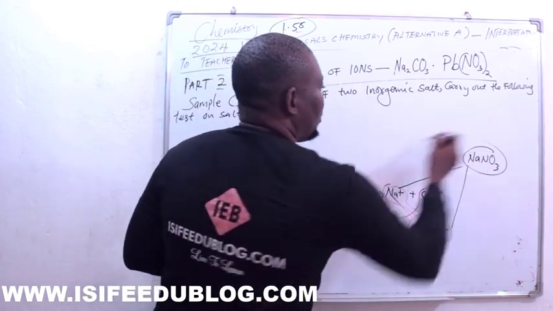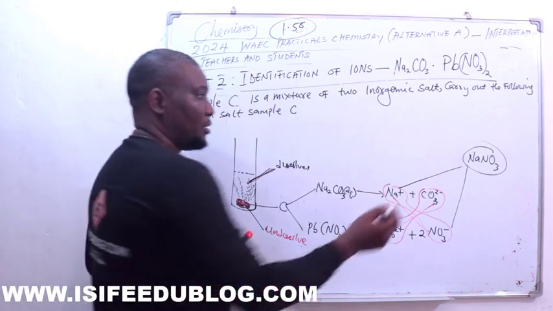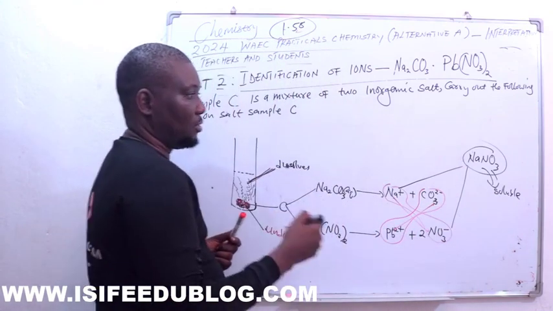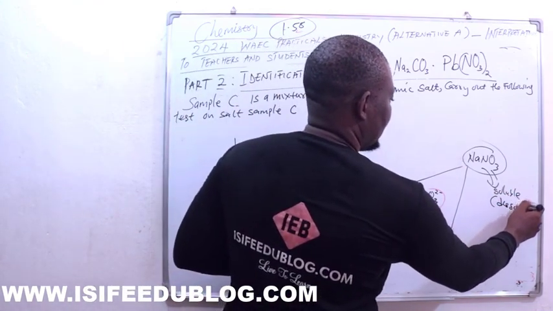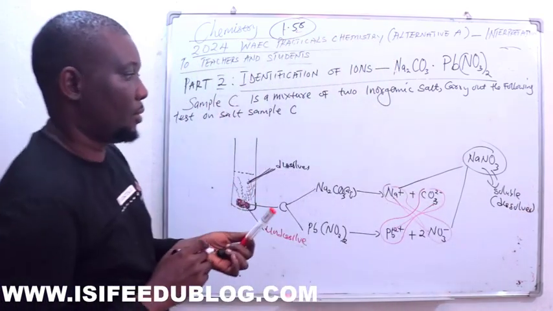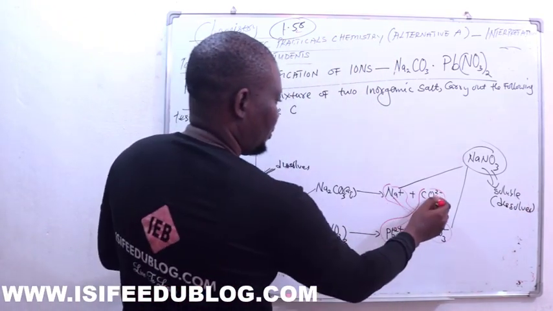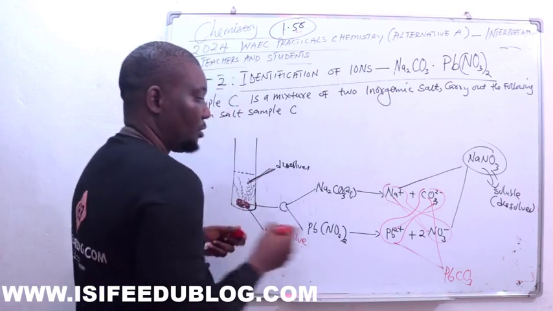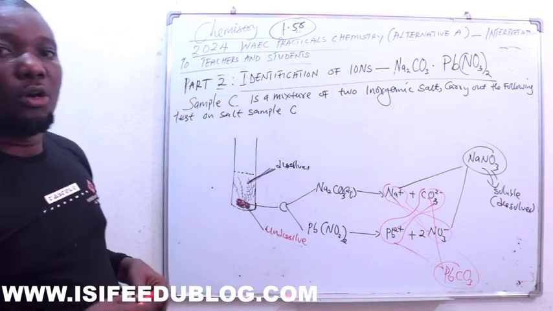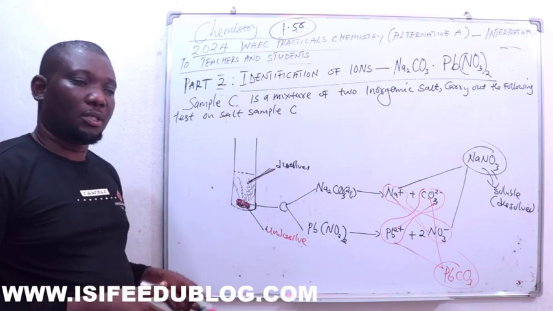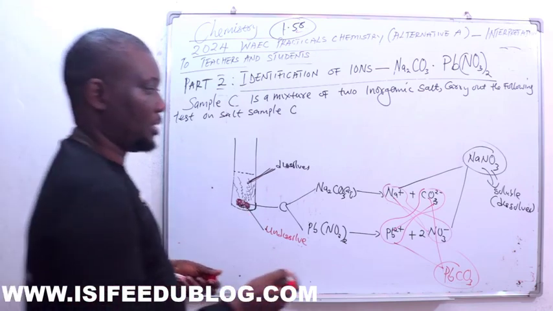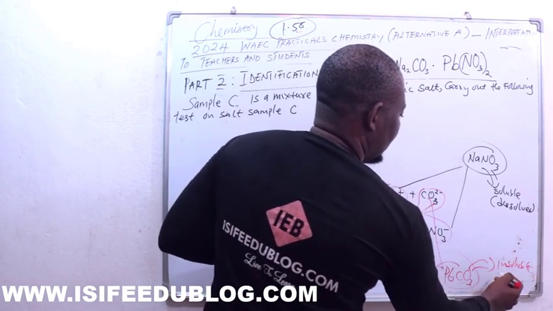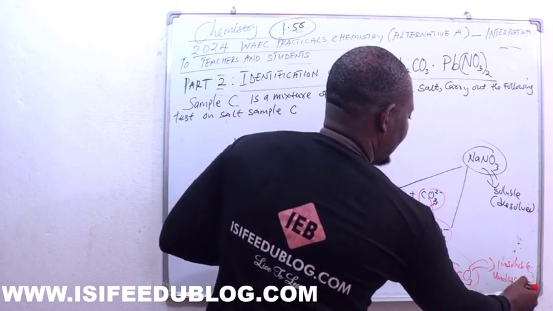On the principle that all nitrate salts are soluble in water, this is soluble, so it is the part that dissolves easily. When lead combines with carbonate, it gives PbCO3. Based on the principle of carbonate salts, all carbonate salts are insoluble in water except those I mentioned. So this layer here is insoluble, therefore it is the part that did not dissolve.